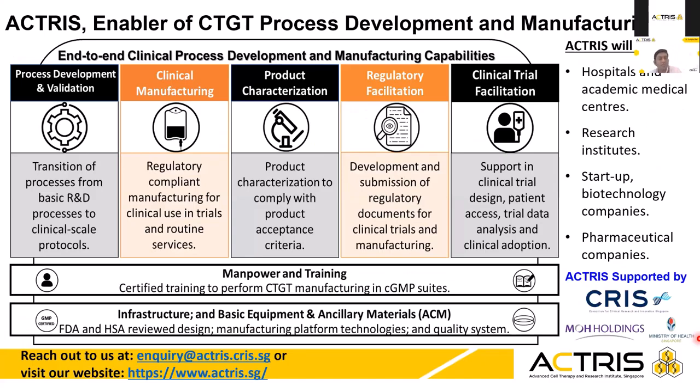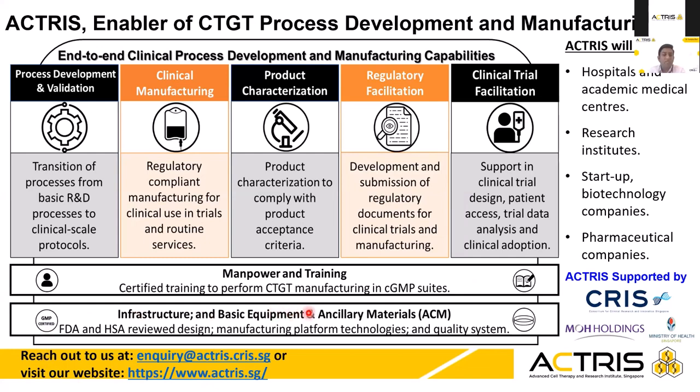I wanted to end off the presentation by giving you a brief overview of what ACTRIS is, as I'm a part of this team that's led by Dr. Tan Lip Kun. Just wanted to speak about our organization and our core capabilities briefly. We are going to be a centralized manufacturing and process development facility serving a wide range of clientele across Singapore.